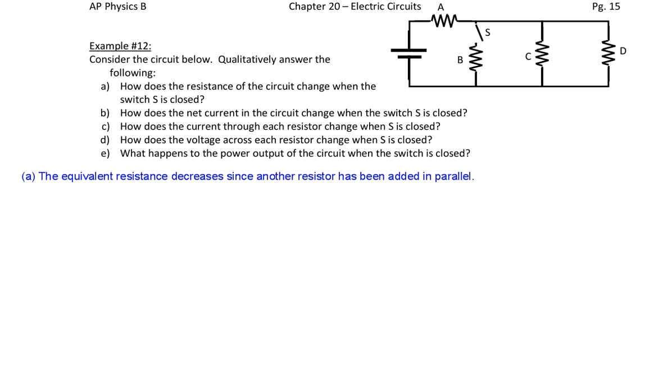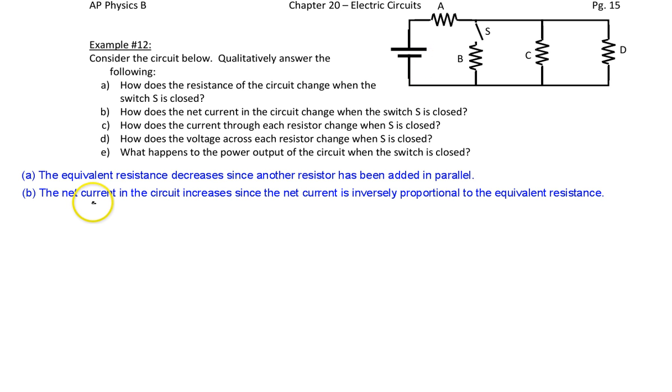Okay, now do B. How does closing this switch affect the total current that is driven through the battery? Take a moment, write down what you think is the answer. Okay, hopefully you realize that the total current of the circuit, which is the same as the current that goes through A, is going to increase because the total resistance has decreased while keeping the total voltage the same.